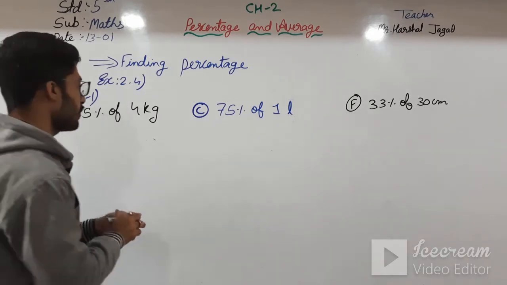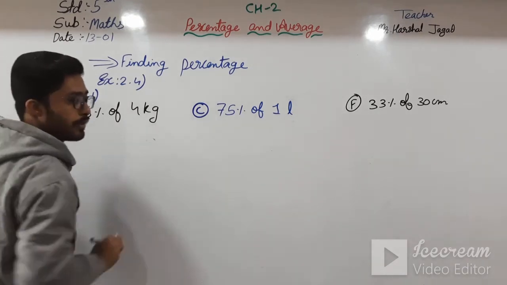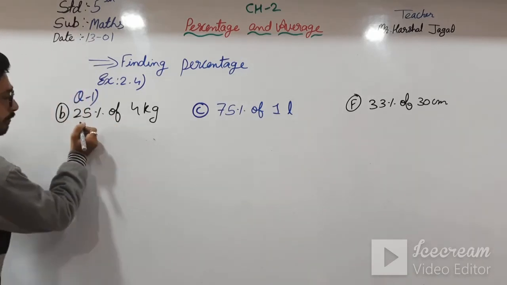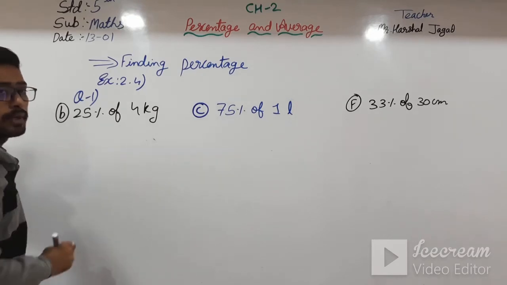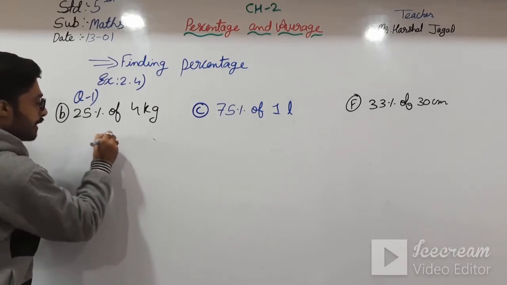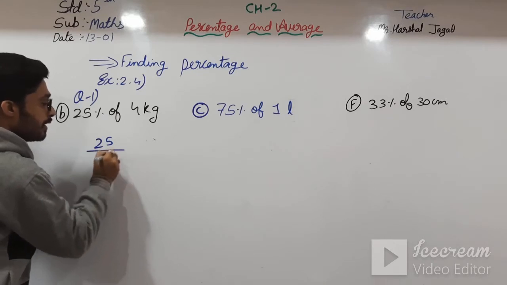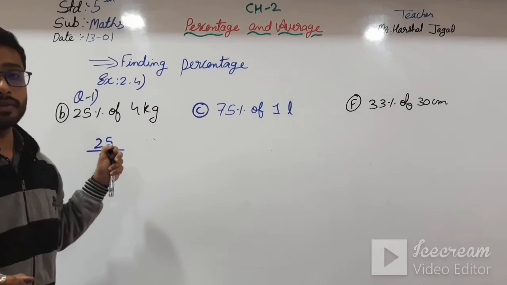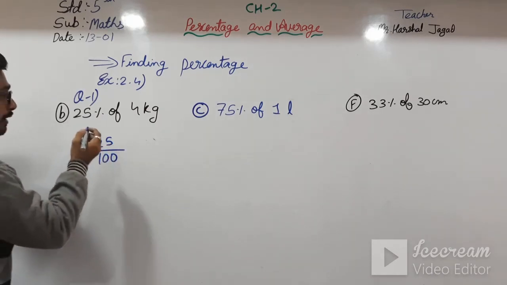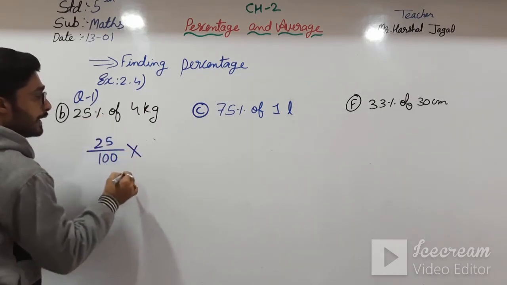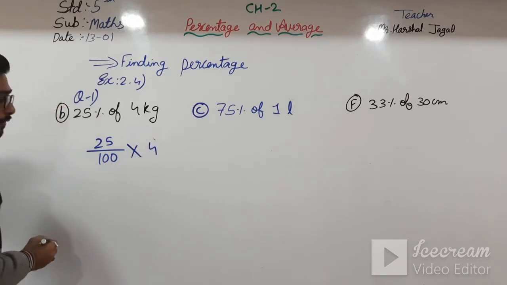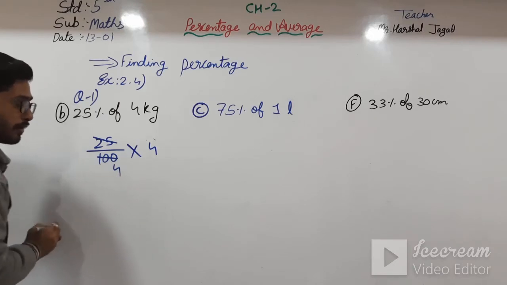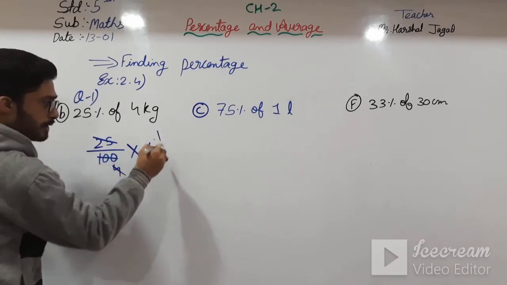First of all, it is given 25% of 4 kg. We have to find out the 25% of 4 kg. First of all, we have to convert this 25 into a fraction, meaning 25 upon 100, and then multiply by 4. 25 4s are 100 and 4 1s are 4.